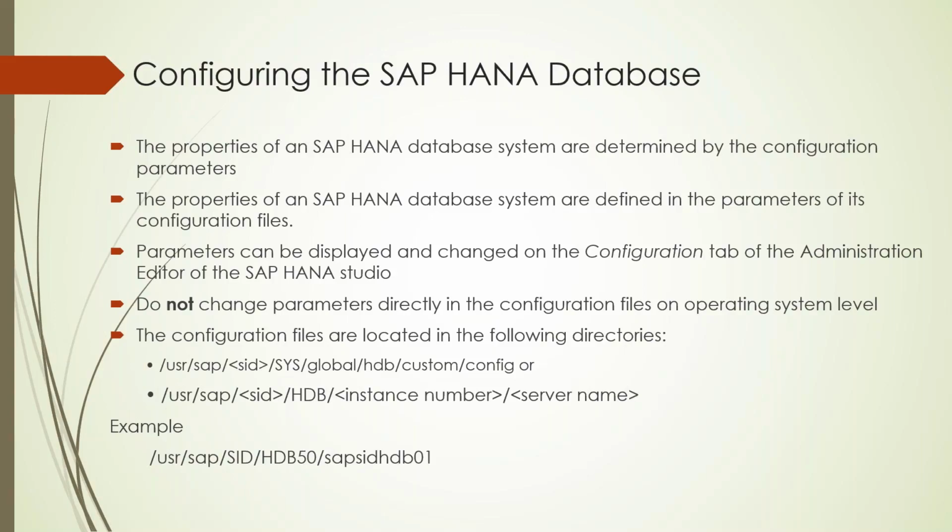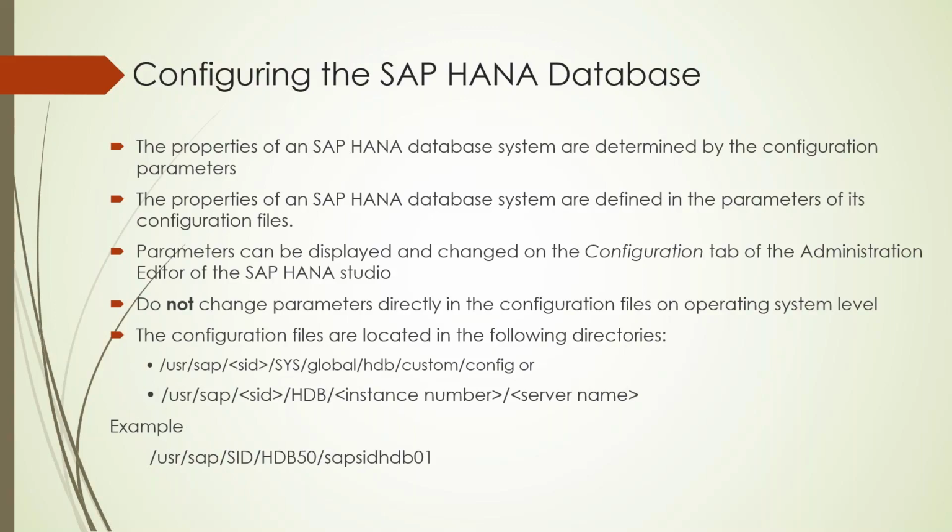If you configure some parameters in the global.ini for the tenant, it will be reflected for the entire services of the tenant, like the index server and access engine. Same thing for the system DB. But some of the parameters in the system DB's global.ini are applicable for your entire database, like memory, CPU, or you can restrict those, and the backup configuration.